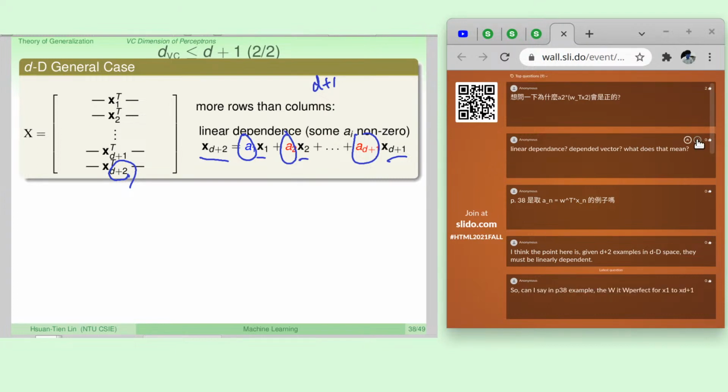Please check your linear algebra textbook. And d plus 1, d plus 2 examples in a d-dimensional space must be linearly dependent. Indeed, the reason we need d plus 2 is that our vectors are effectively d plus 1 dimensional by padding the 0 components. So linear combination and so on.